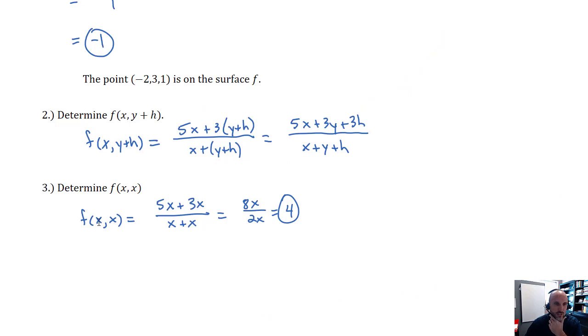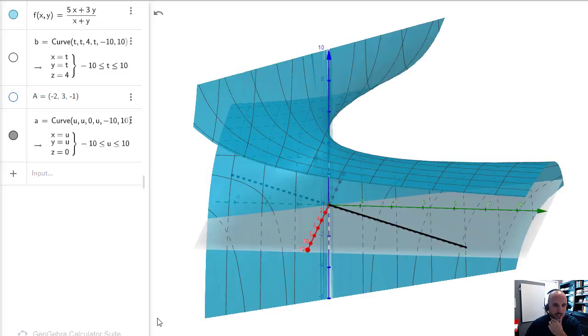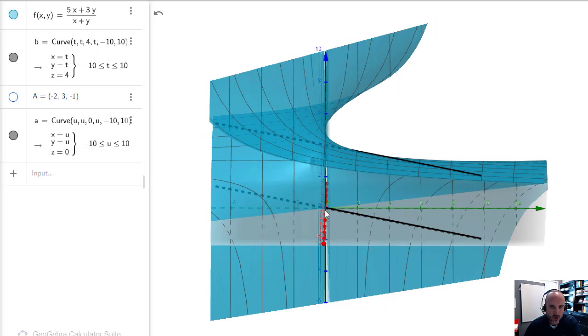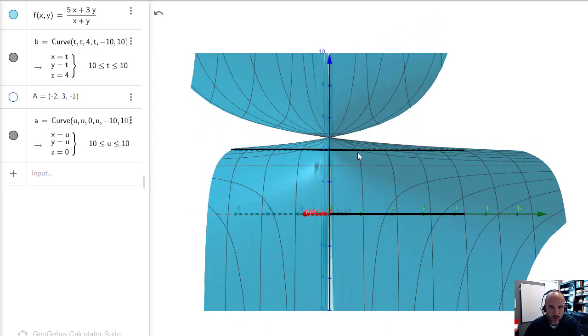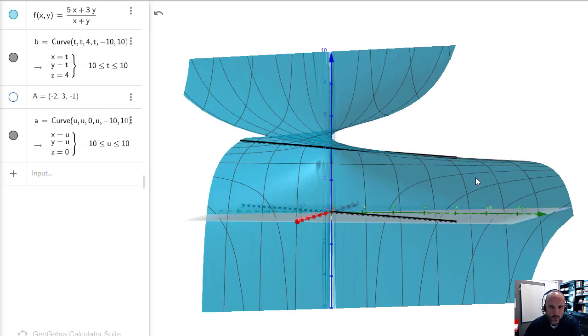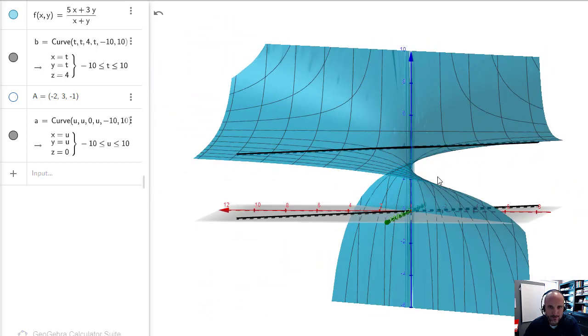If we input all of the ordered pairs on that line, x comma x, it says the output is 4. We get a constant output. Well, look at the GeoGebra diagram here. I've already got it sketched out. If I look at the outputs of all the points on this line, notice how they are all 4. And all of those points are on the surface that we see here.